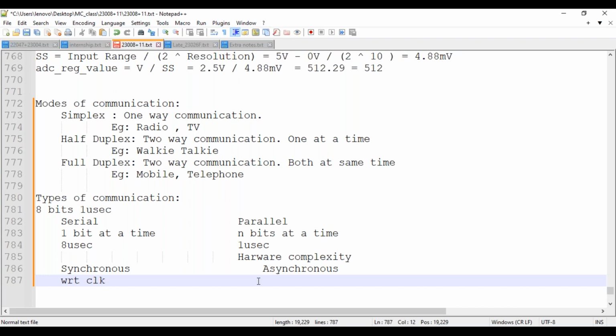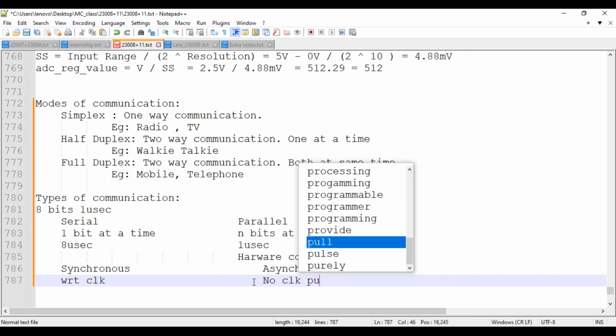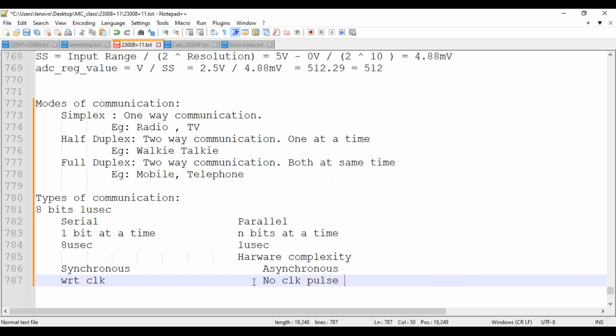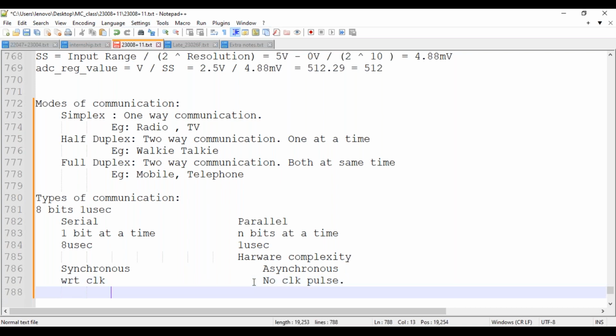So communication happens with respect to the clock pulse in a synchronous manner in case of synchronous communication. And in case of asynchronous communication, there is no clock pulse. Now, because of the absence of the clock pulse, you may need some triggering mechanism in case of asynchronous communication.